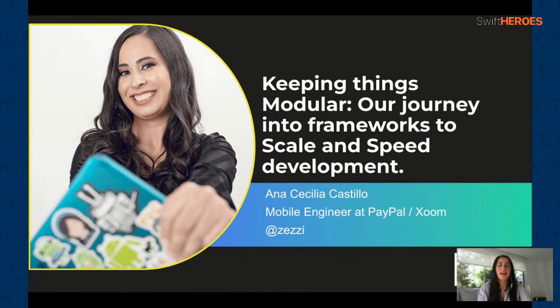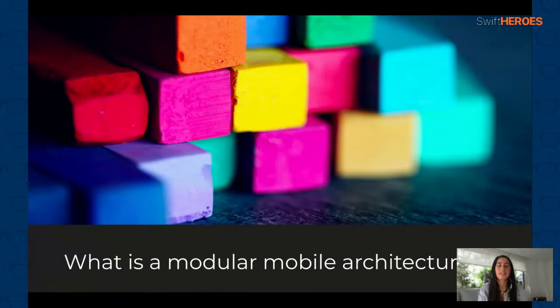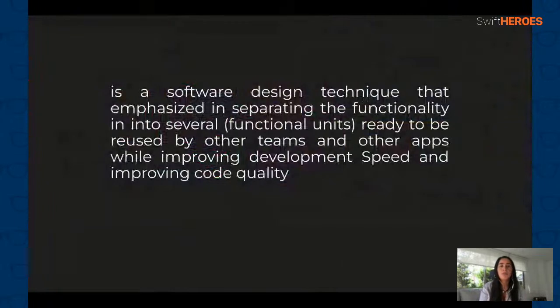For that, I want to start with a simple question: what is a modular mobile architecture? Why do we actually need it? So let's start with that. First, modular mobile architecture is a software design technique that helps us emphasize and separate the functionality into several functional units ready to be used and reused by other teams and other apps while improving our development speed and improving our code quality.